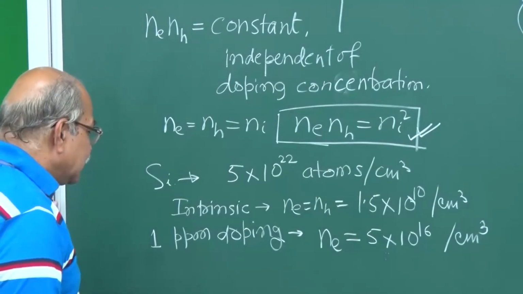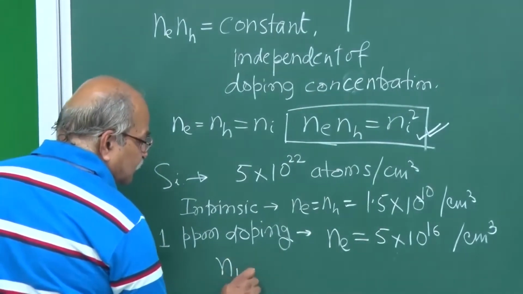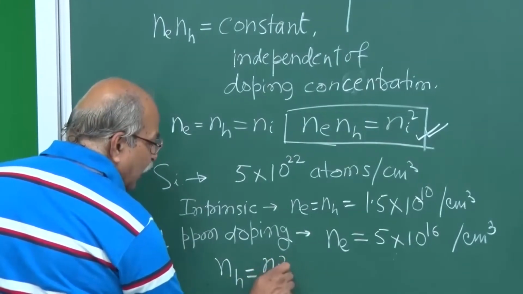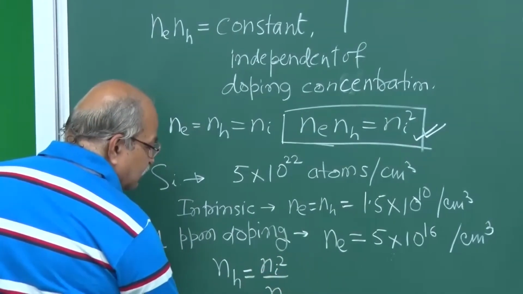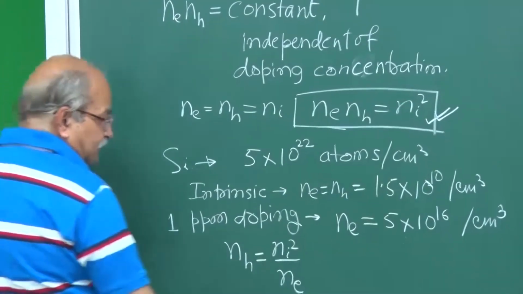So what is the number density NH, number density of holes? That will be Ni square divided by Ne, because Ne into NH should remain Ni square.